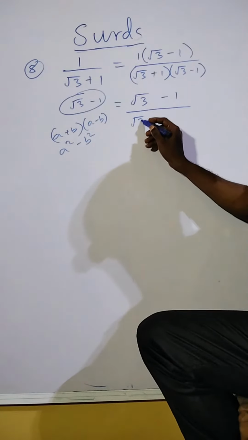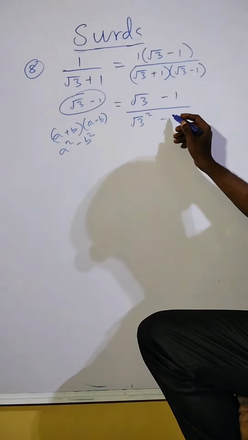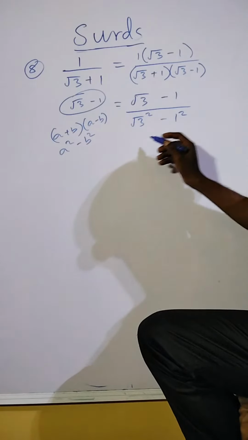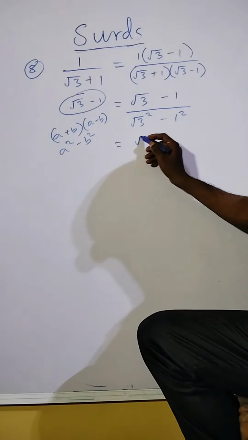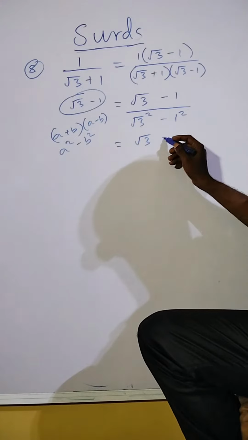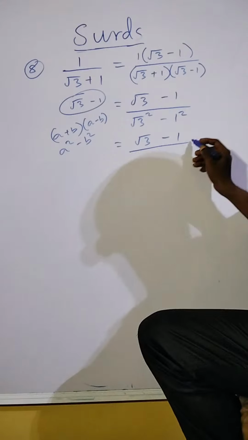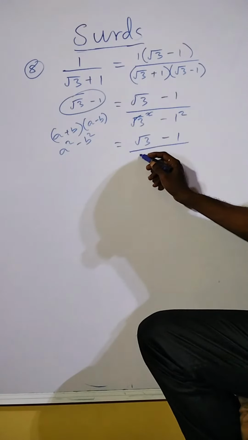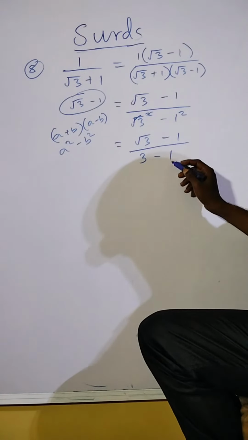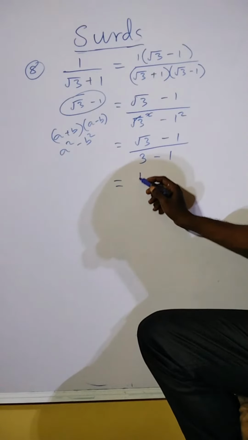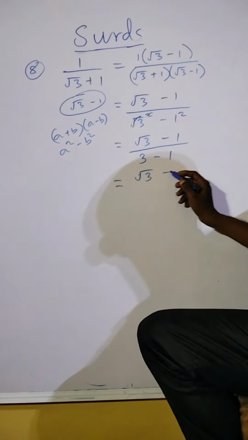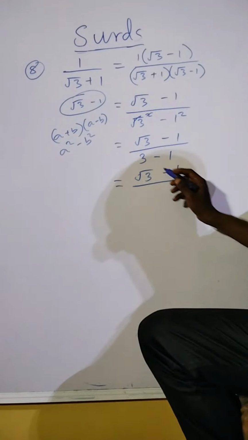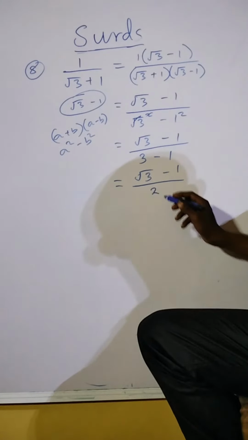Here we have root 3 squared minus 1 squared. Here, this becomes root 3 minus 1 over root 3 squared. Square cancels square root, we have 3, then minus 1 squared, that's 1. That is, here we have root 3 minus 1 over 3 minus 1, that's 2.